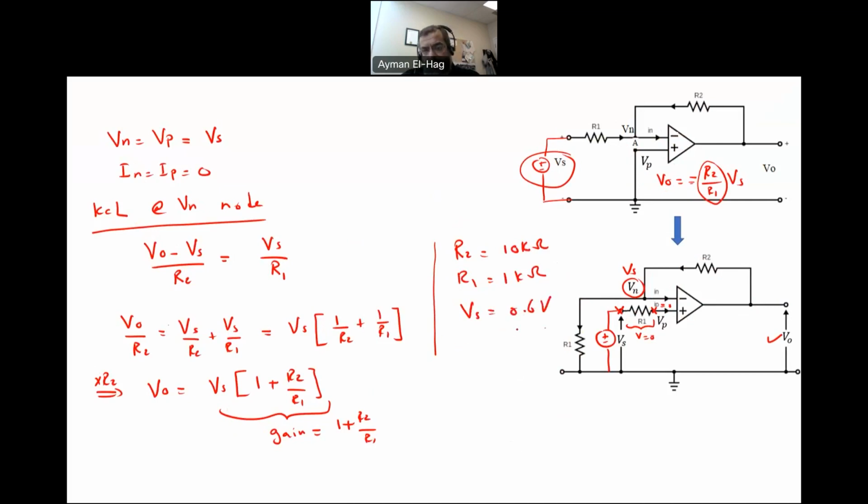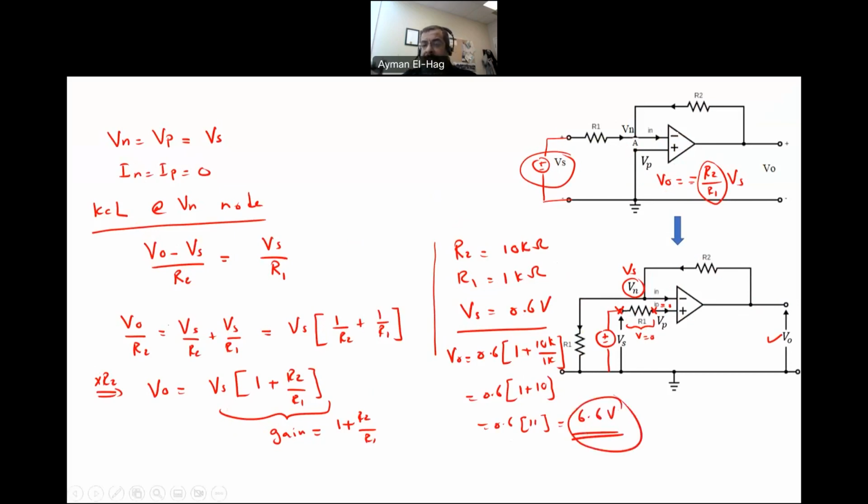If you apply these values, we expect to see Vout equal to 0.6 times 1 plus 10k over 1k, or 0.6 times 1 plus 10, so 0.6 times 11, which is equal to 6.6 volts. That is the theoretical value of the voltage that we expect to see. Please come and join me, and let's try to demonstrate this circuit.